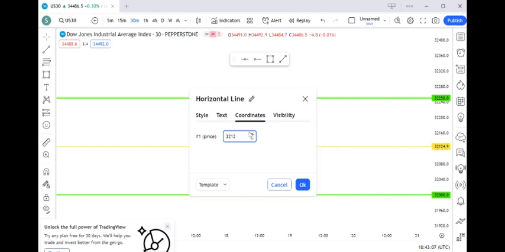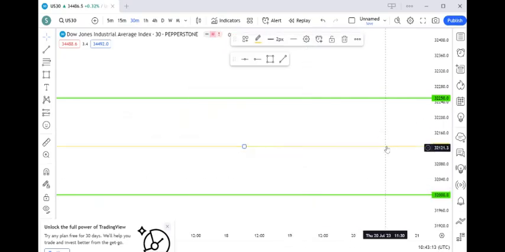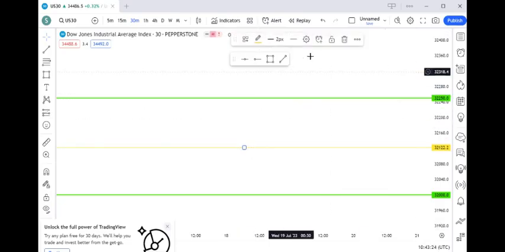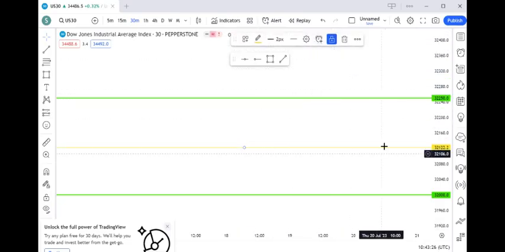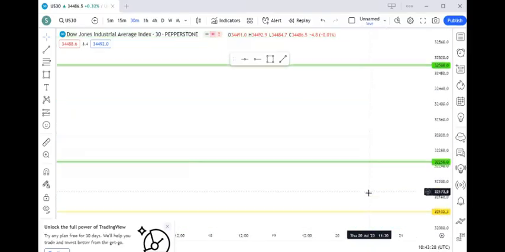Remember, the strategy is based off precision. Not 1 point over, not 1 point under. So we don't want 32,125.1. No, we want 32,125. Once we're done with that, we lock it.